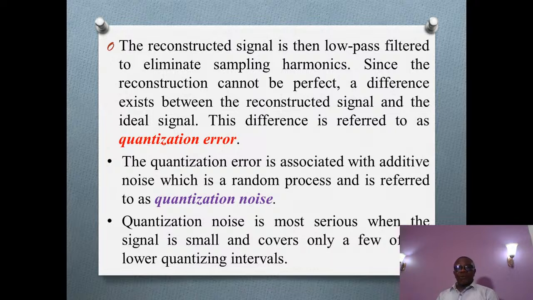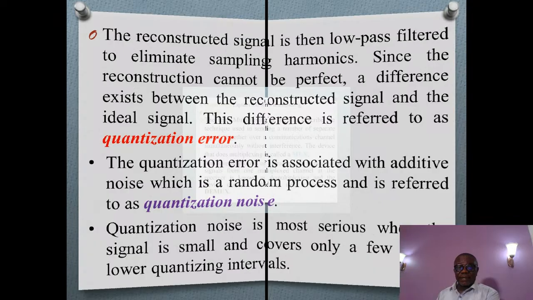So when you try to quantize that, you will have serious difficulty because it will look as if you just have a flat or straight line signal. So quantization noise is most serious when the signal is small and covers only a few of the lower quantizing intervals. There is also a way to overcome this by doing delta modulation. We will see that later.